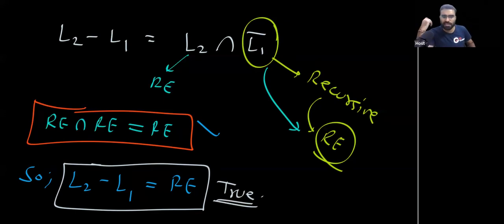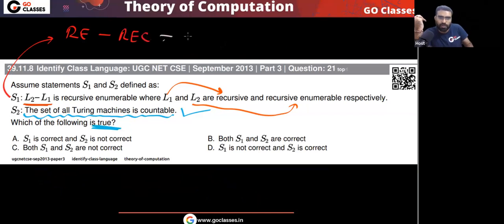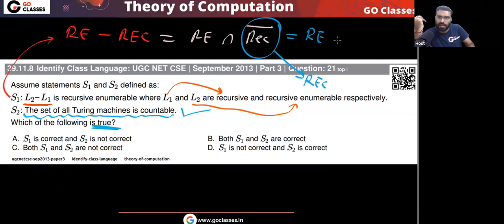Please tell me, did you understand this? The question is very simple. In S1, we are asking what is RE minus REC. I can write it as RE intersection REC complement. REC complement is REC, so this is RE intersection REC.